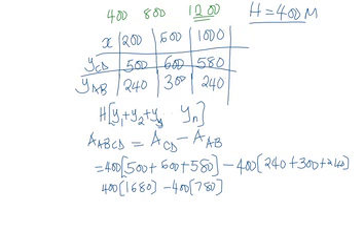So 400 multiplied by 1680 is equal to 672,000 meters squared, minus 400 multiplied by 780, which is 312,000.